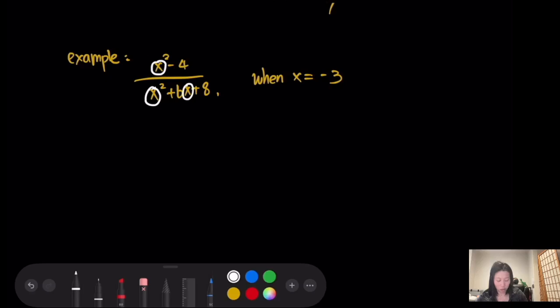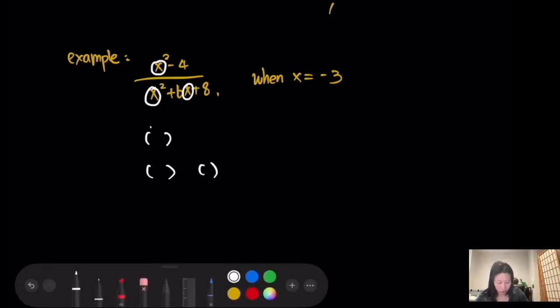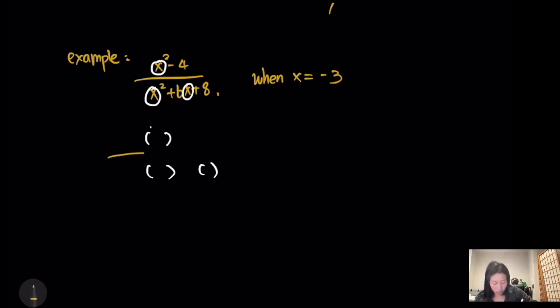So here is what I want you to do. Whenever you see an x, you put a parenthesis on it, in case you forgot about the sign, before you substitute with anything. So now all the x become parentheses.